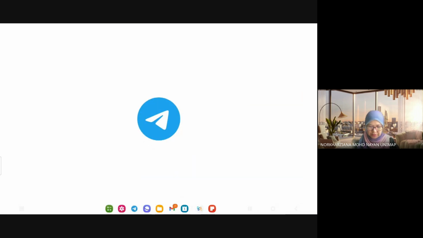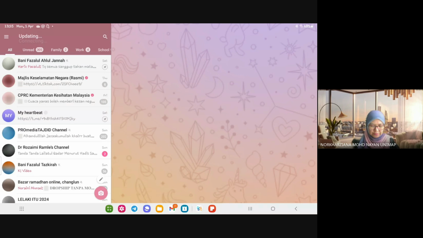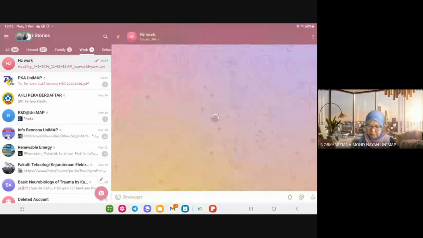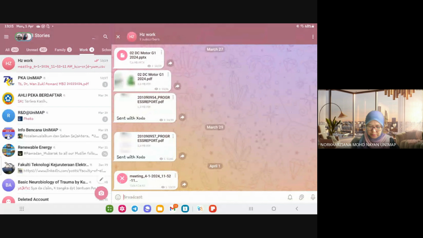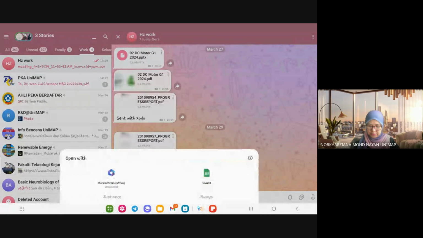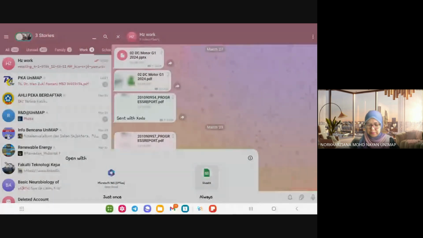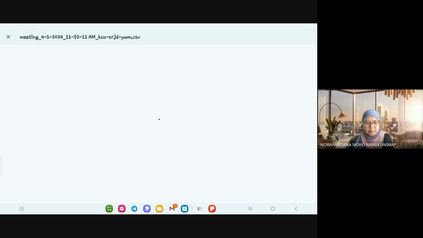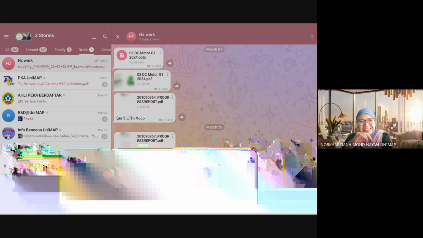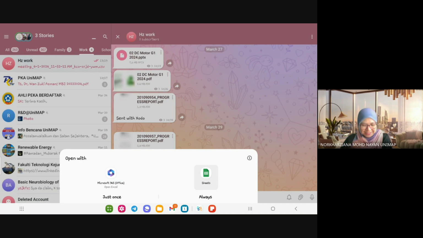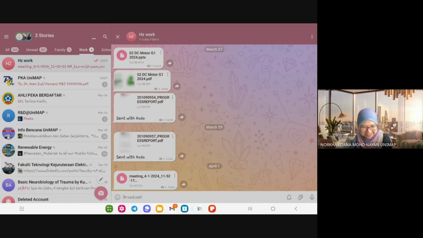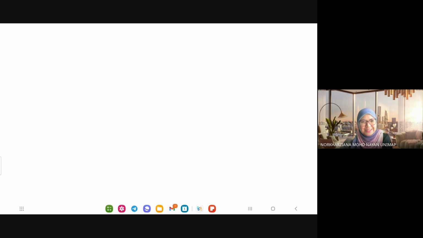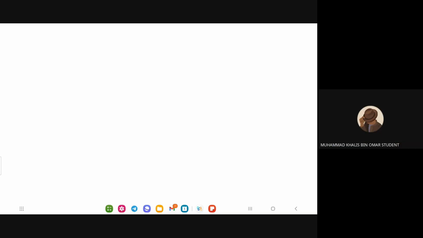Dan kalau tengok dekat Excel yang saya bagi tu, tak boleh buka pula. Boleh buka tak, Excel tu? Boleh madam. Okay.